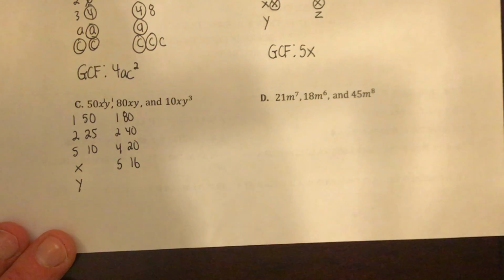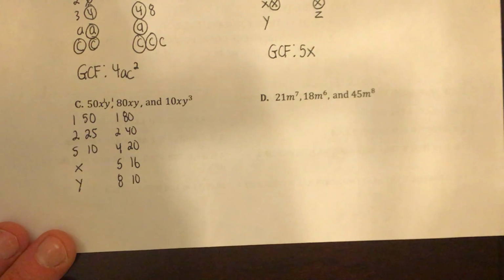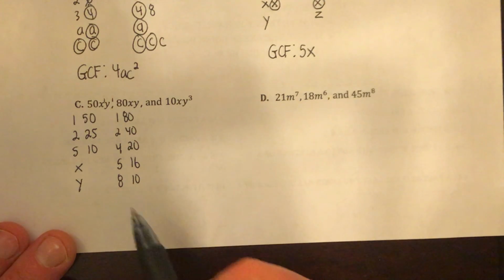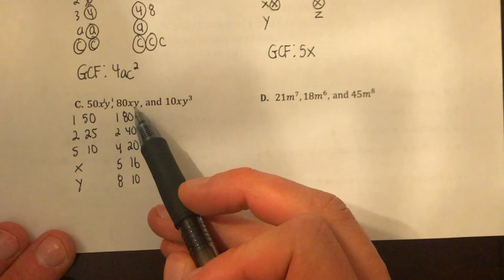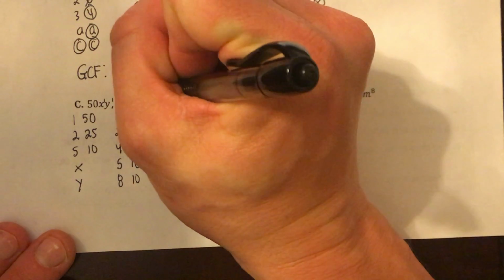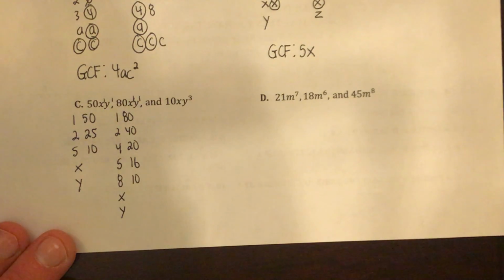No, it doesn't. 8, does 8 go in? Yes, 8 and 10. And then 9, does 9 go in? No, it doesn't. And 10 is already on our list. So we're done with the numbers. Again, we have x and y here. Exponents of 1 on both, so I need 1x and 1y.